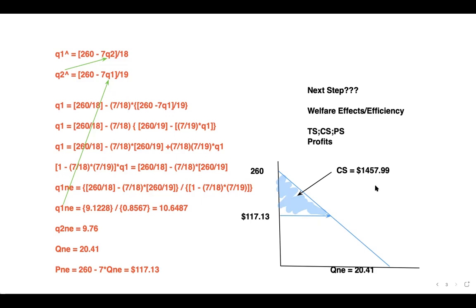Nevertheless, how do we calculate it? Well, that's the next part, and I'll tell you. For producer surplus, you have to realize that producer surplus is equal to profit, as I explained last time, plus fixed cost.